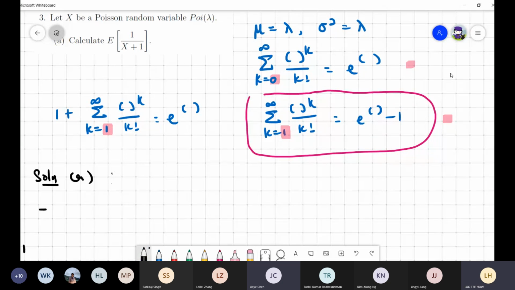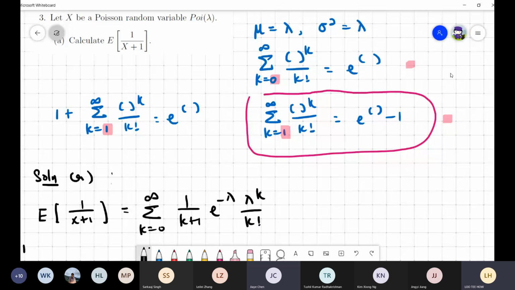First of all, E of X plus 1, according to the formula, is the sum with k running from 0 to infinity of 1 over k plus 1 times the pmf of X for Poisson, which is e to the minus lambda, lambda to the k over k factorial. I think this one is no problem.